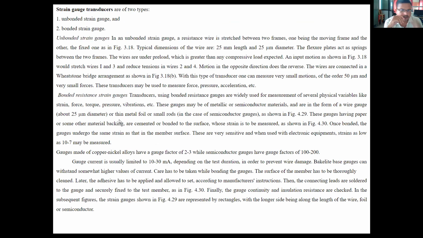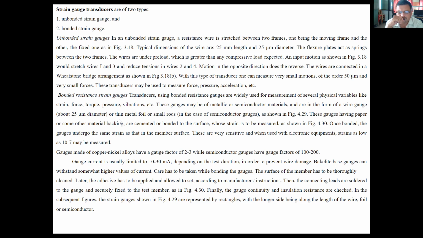as shown in figure. Typical dimensions of the wire are 25 mm length and 25 micrometer diameter. The fixture plates act as springs between the two frames. The wires are under preload, which is greater than any compressive load expected.